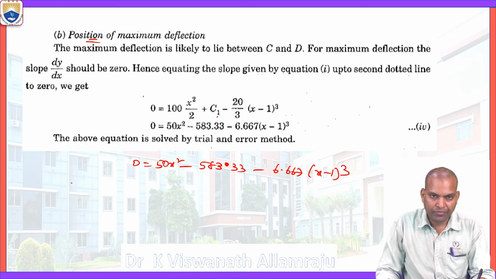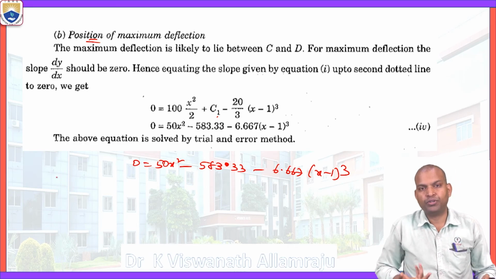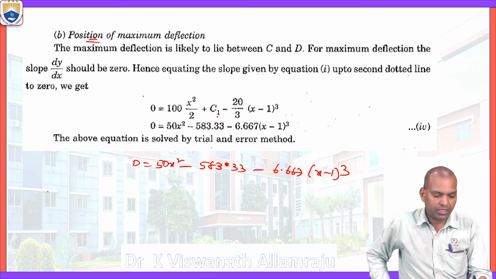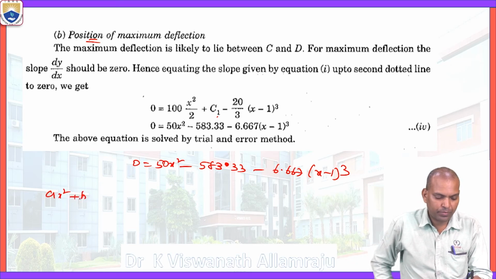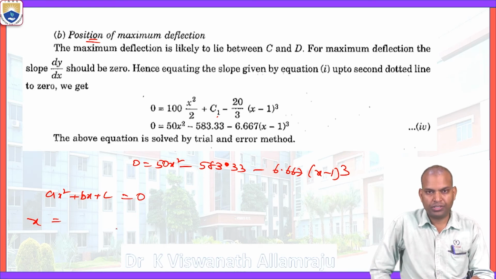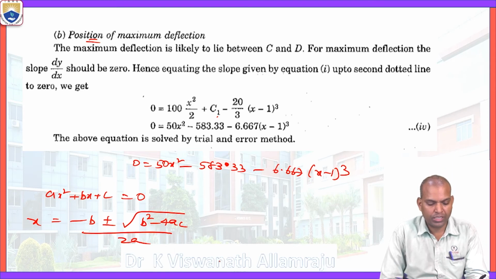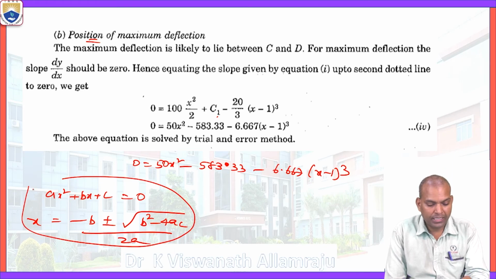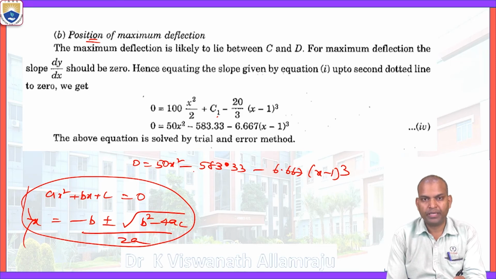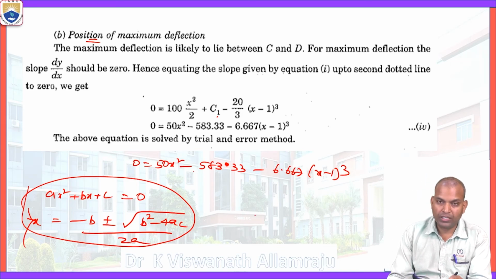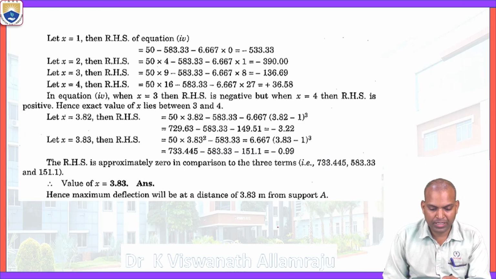It is not in the form of a quadratic equation, ax square plus bx plus c, where we can use the formula x equals minus b plus or minus the square root of b square minus 4ac, by 2a. But here it is not. This equation is cubic. How to calculate the value of x? We have to go for the trial and error method.